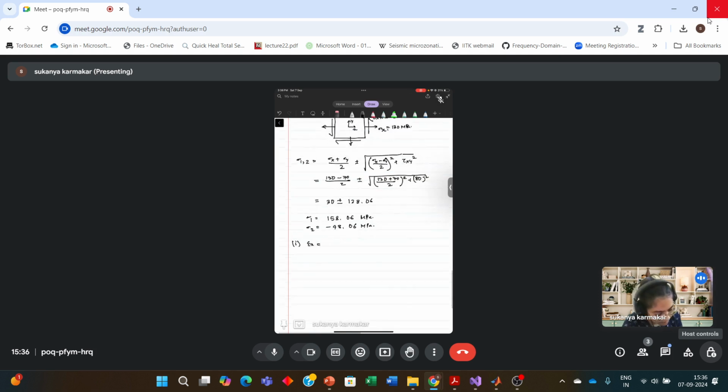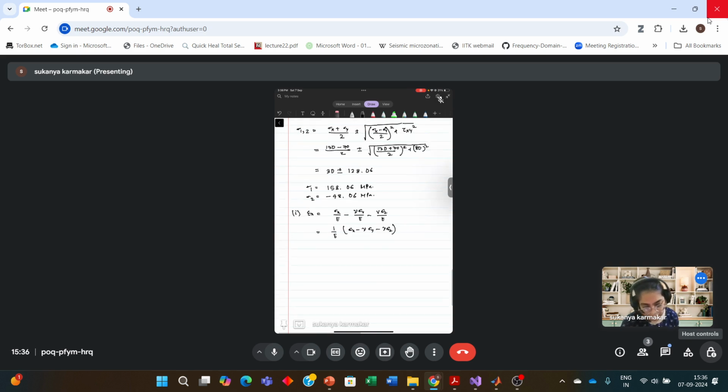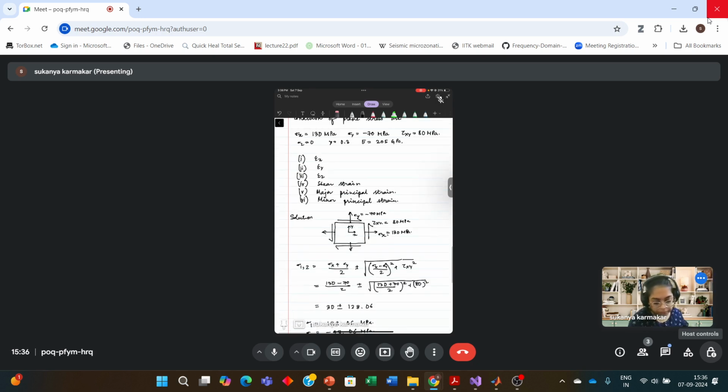Now, first let's calculate epsilon x, that is the strain in x direction. We know that strain in x direction will be sigma x by E, and because of the Poisson's ratio, minus nu sigma y by E minus nu sigma z by E. So we can take 1 by E common and write this as sigma x minus nu sigma y minus nu sigma z. Now sigma z is 0. Here we'll do the calculations in MPa, so E is 205 into 10 to the power 3 MPa.